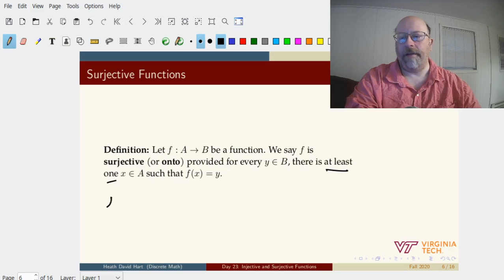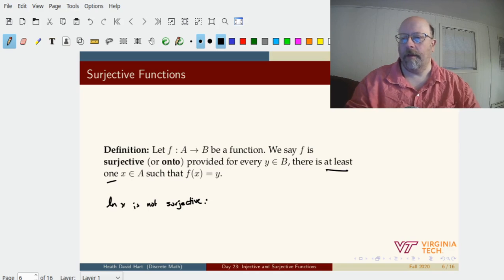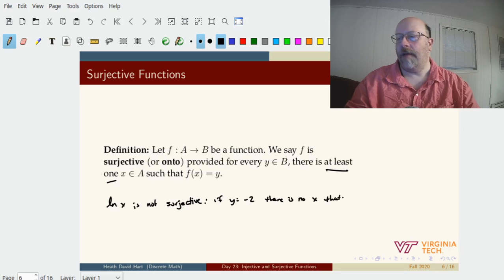Let's see. Natural log of x is not surjective because, for example, if y is equal to -2, there is no x that solves natural log of x equals -2.